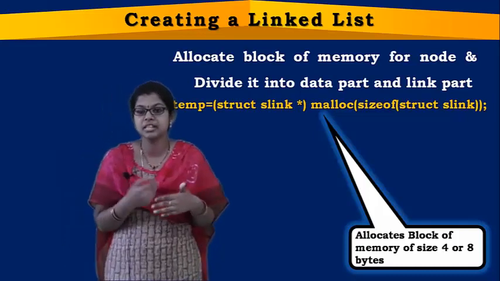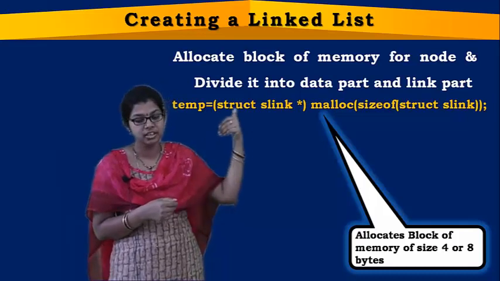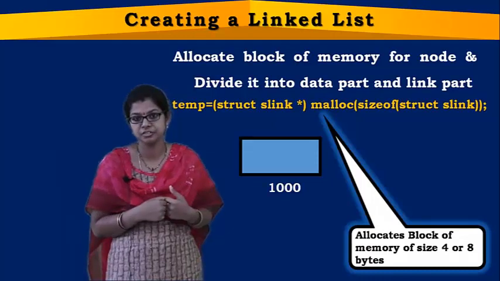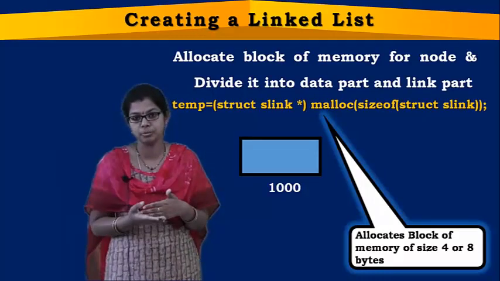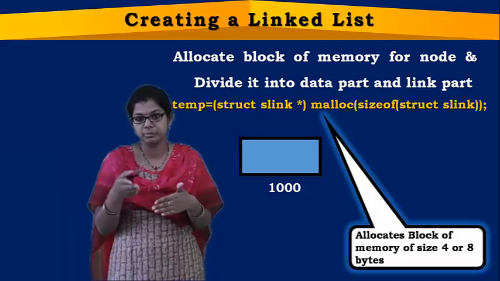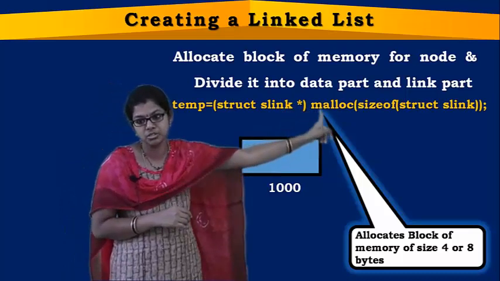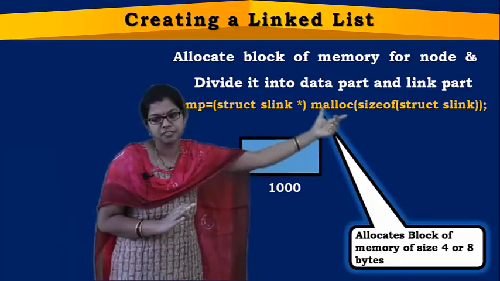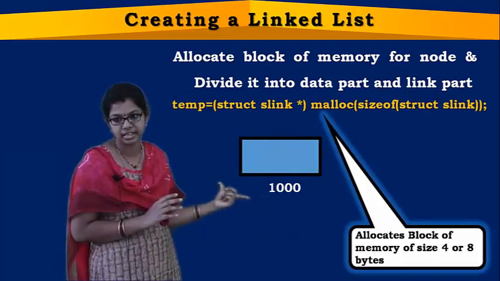So what will be the size of that struct slink? 4 bytes for the integer and 4 bytes for the pointer. This is in the case of 64-bit. Depending upon the compilers and the processors, the size will change, right? So the total number of bytes allocated by the malloc function is 8 bytes or 4 bytes. So first you will be allocating memory.